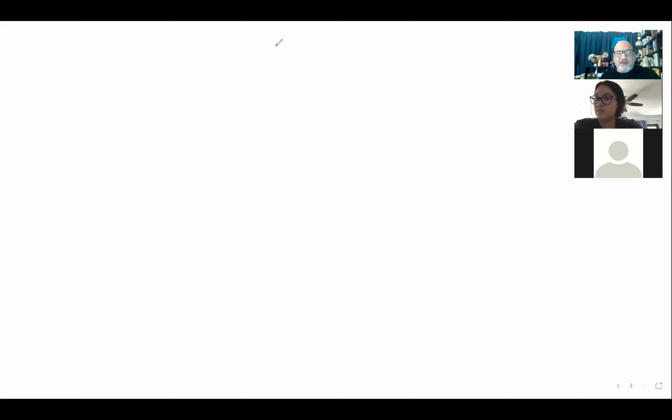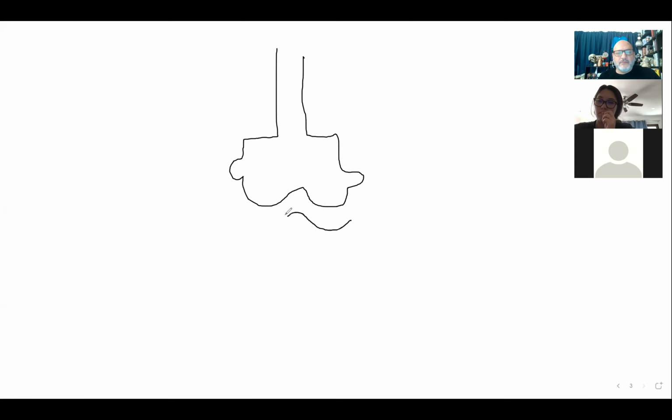In the knee, it is just the femur, so there's clearly a femur and its components, and then here's our tibia.